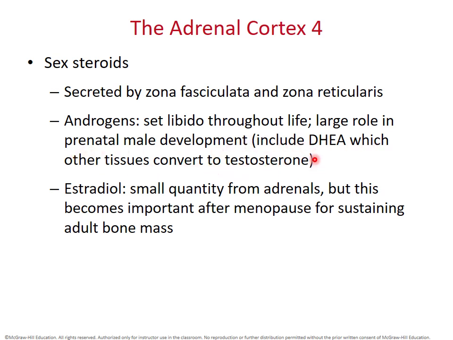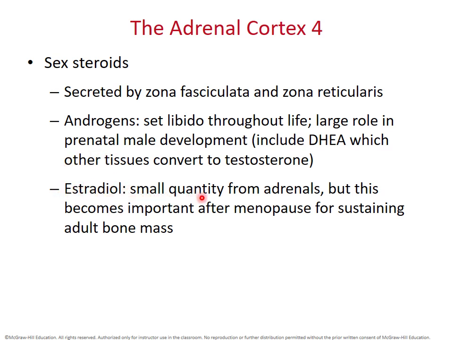This is the hormone that determines the ultimate secondary male characteristics, and it's what turns an embryo from its default status of female into male. And then, as we said, there are some female-like hormones, estradiol, for instance, coming from the adrenal cortex.